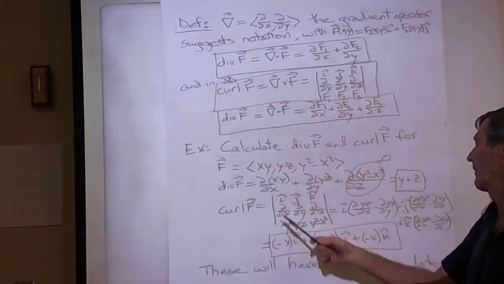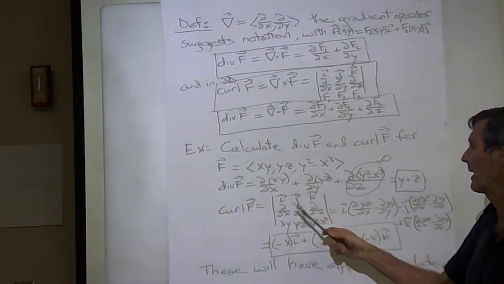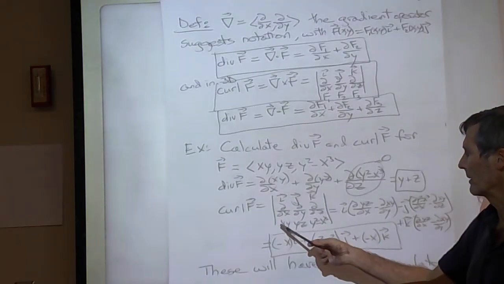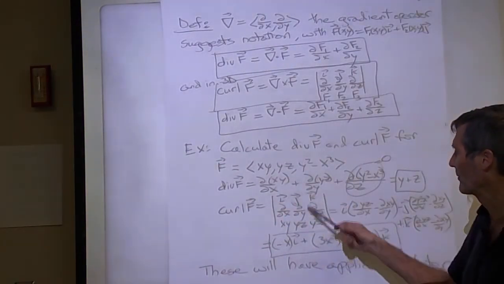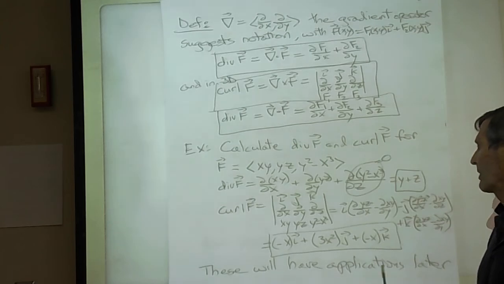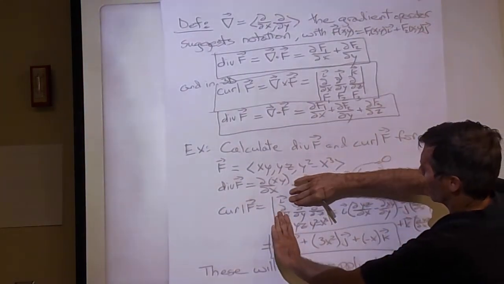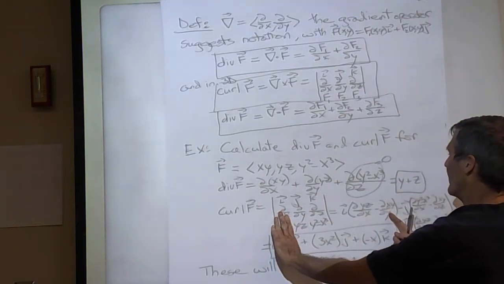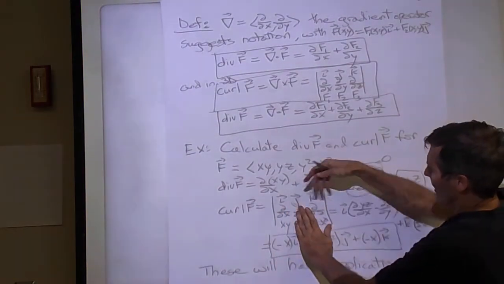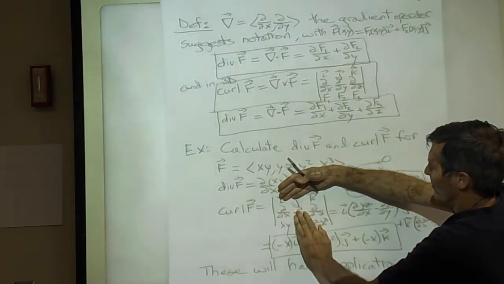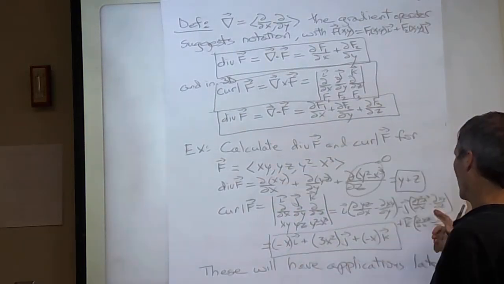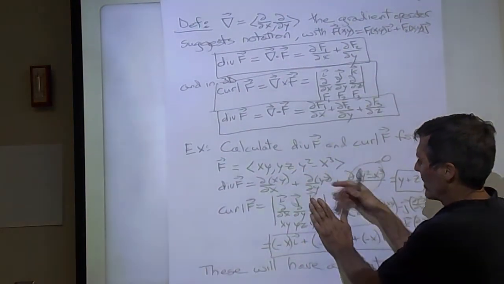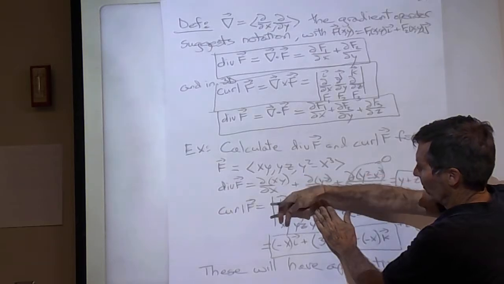The curl of f, you just put this determinant, i j k, the gradient operator, and the components of the vector field. And now you just compute: multiplying i is d dy of this minus d dz of this. Multiplying minus j, divide by this row and column, is d dx of this minus d dz of this, and multiplying k is, divide by this row and column, d dx of this minus d dy of that.